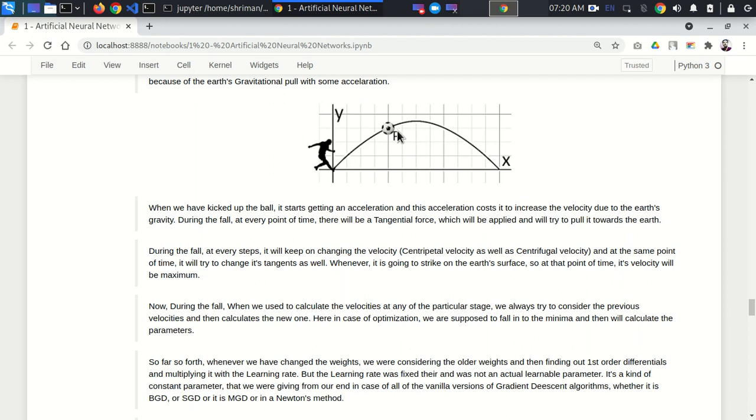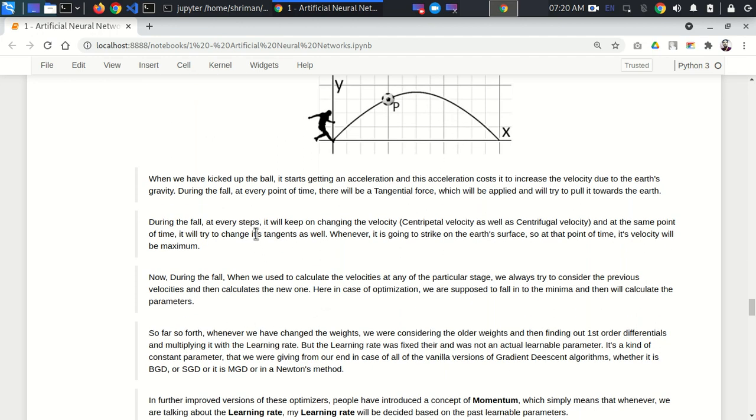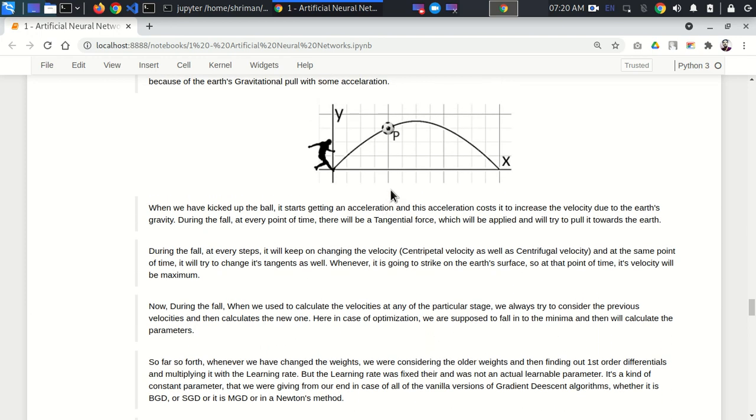Suppose this is a diagram, and a person is standing here and trying to kick the ball from this point, and the ball will follow this trajectory. So there will be a tangential force applied over this ball, pulling it towards the earth at each point of time.